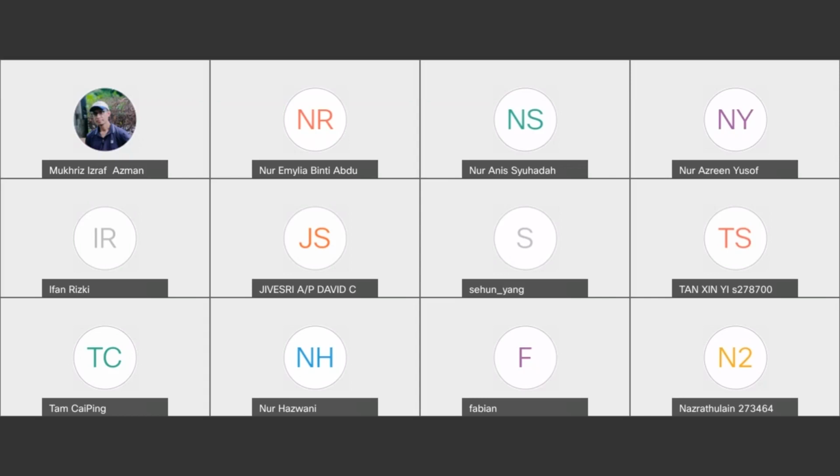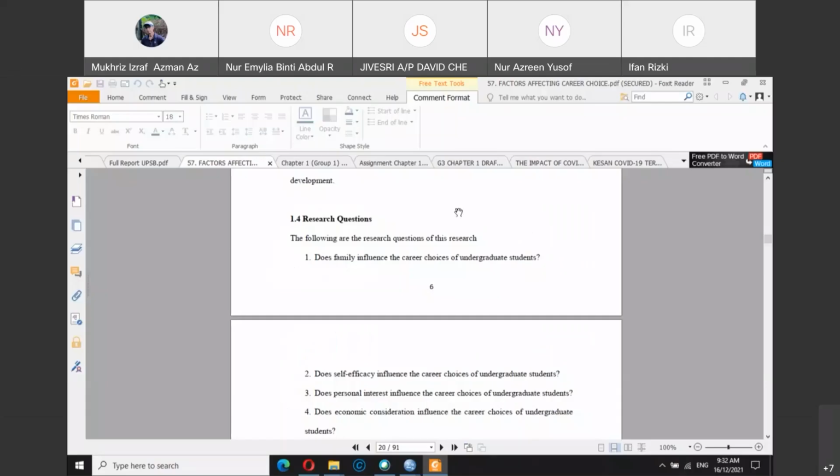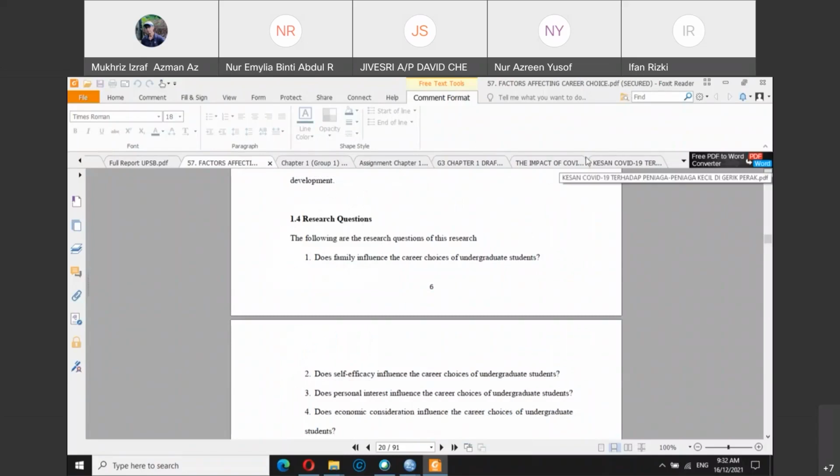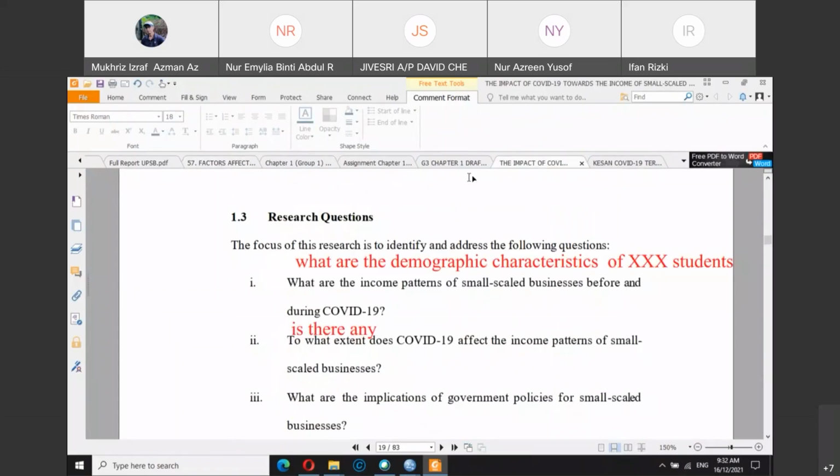Okay, so if you look at thesis number 57 just now, the thesis is focusing on factors affecting career choice. The first objective that I want all groups to have is basically just focusing on the demographic characteristics of your respondents.